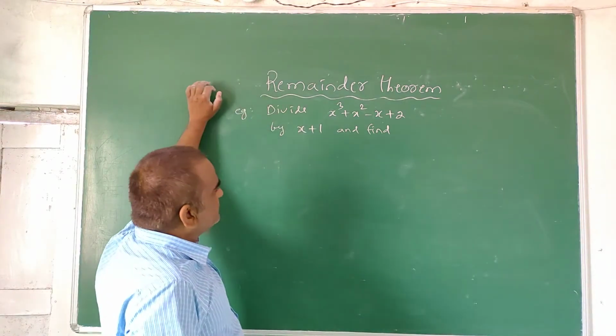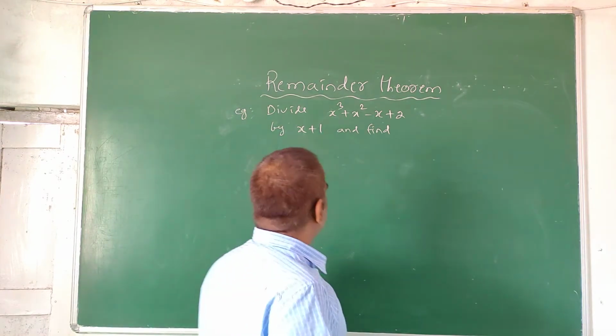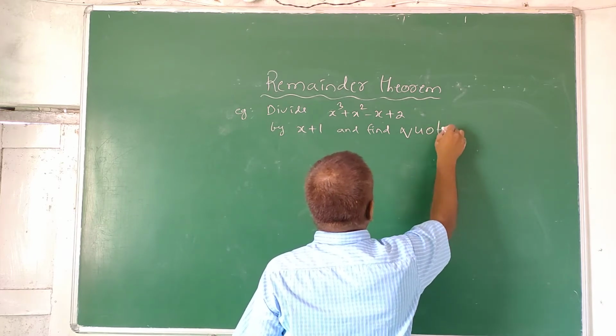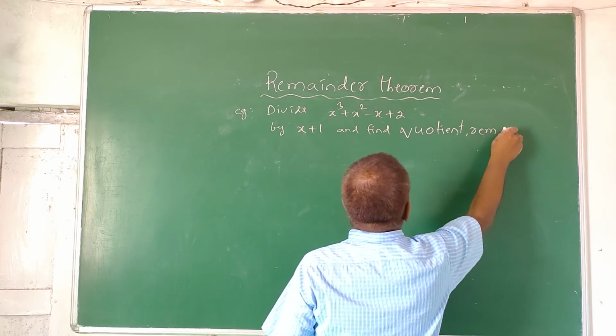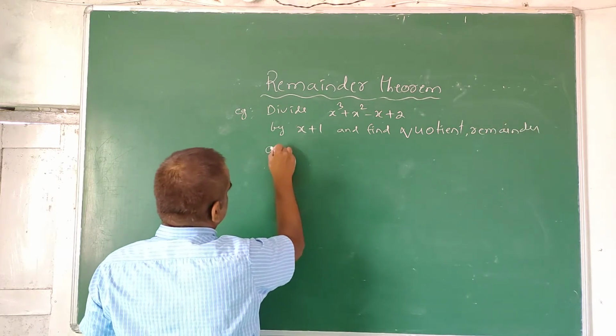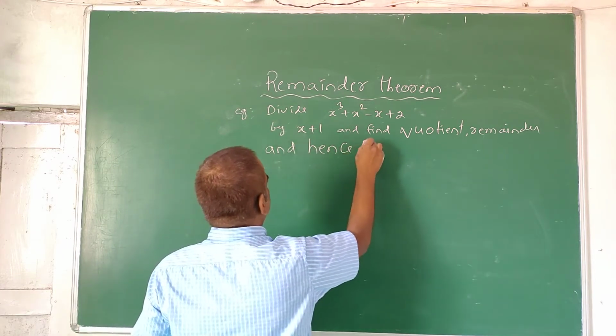So divide x cube plus x square minus x plus 2 by x plus 1 and find quotient and remainder. And hence verify the remainder theorem.